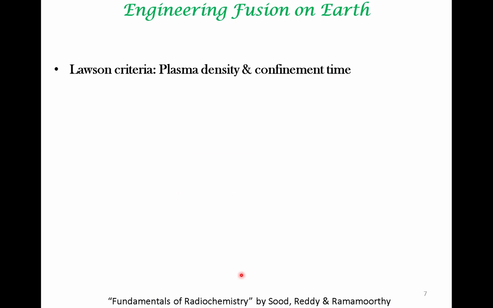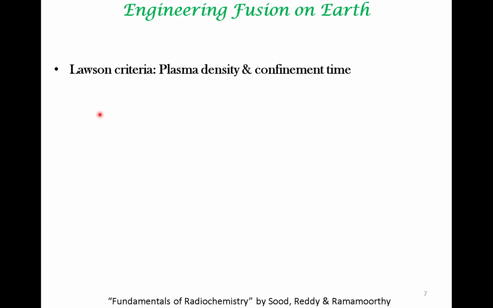There is a criterion called the Lawson criterion. What this criterion refers to is that the energy output of the device should be more than the energy you put into the device. There are certain main elements that go into determining whether you meet the Lawson criterion.